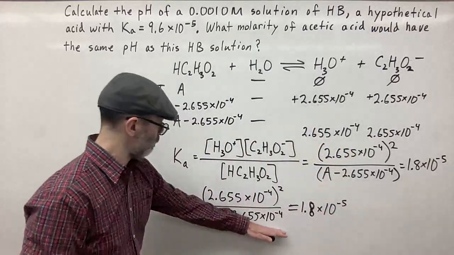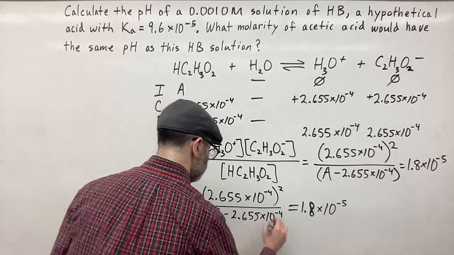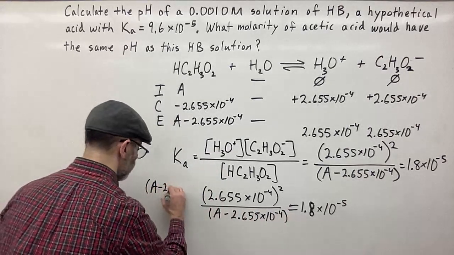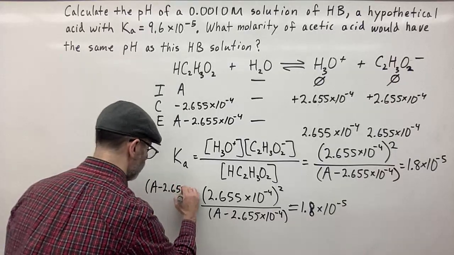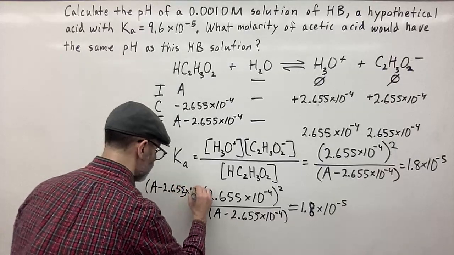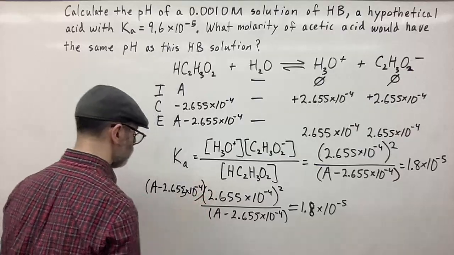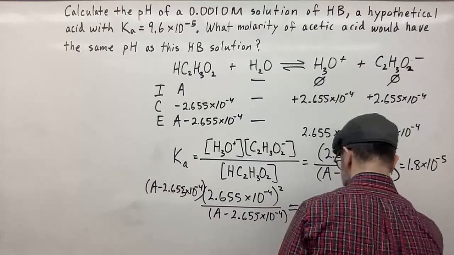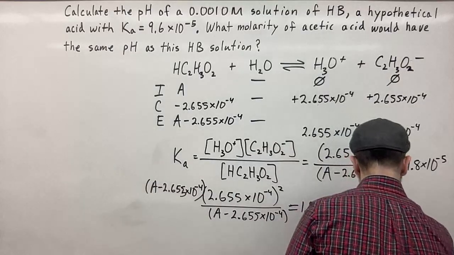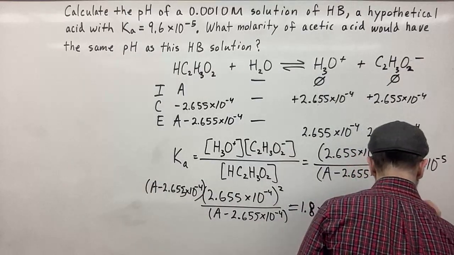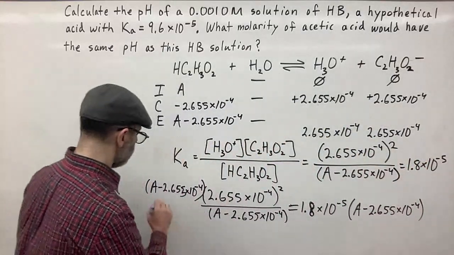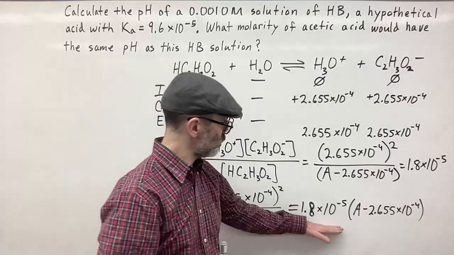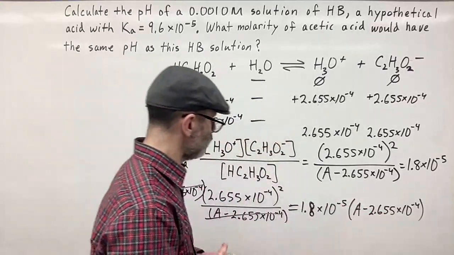So now we're going to multiply both sides by A minus 2.655 times 10 to the negative 4. So that cancels out. And then we would distribute this to both sides.